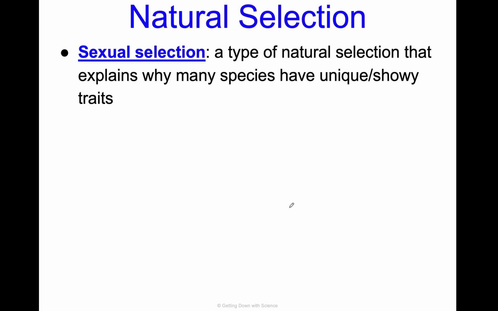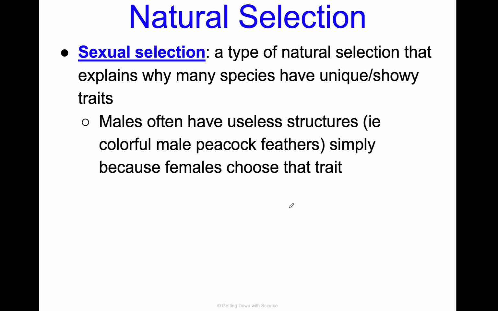So then we have sexual selection. It's a type of natural selection. This is why we see big showy traits for many species in the wild, or mating dances. Have you ever seen a female peacock? They're very boring.